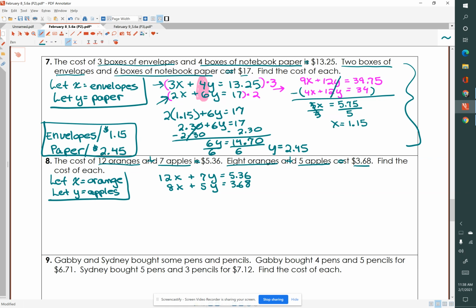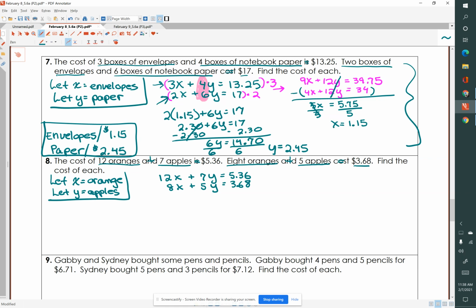$3.68. And right away you can tell which is more expensive, the apples or the oranges. You can see right away that the apples are a little bit more expensive than the oranges. If you don't see that, keep looking for that, because the more apples you have, the cost lowered. So I've got a 12 and an 8 on the X's and a 5 and a 7 on the Y's.